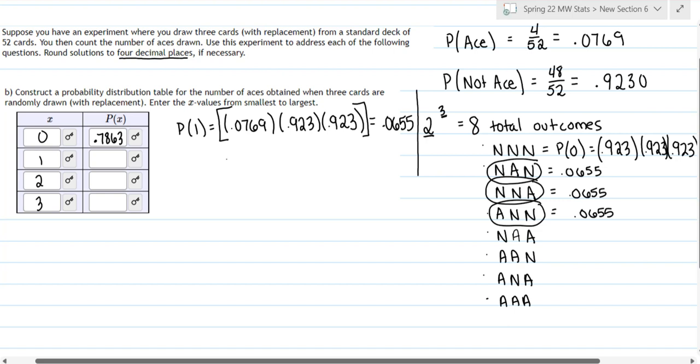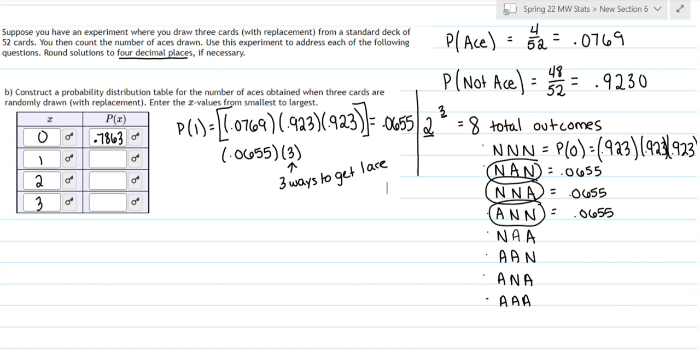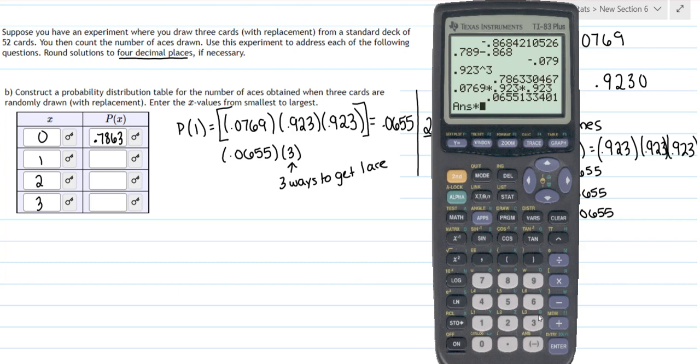So times 3, because there's 3 ways to get 1 ace. That's NAN, NNA, ANN. Okay, so 0.0655 times 3 is 0.1965.